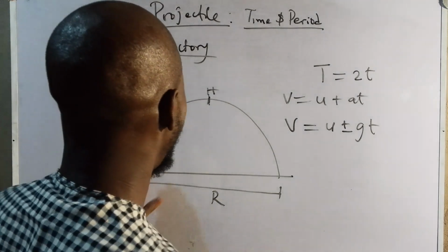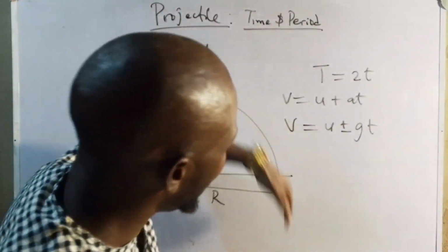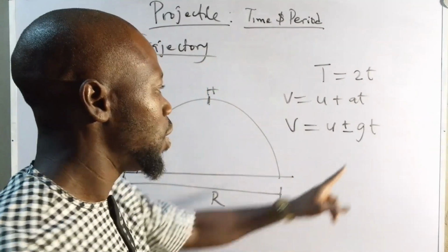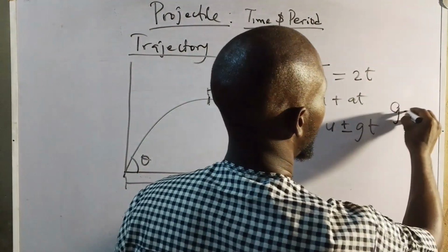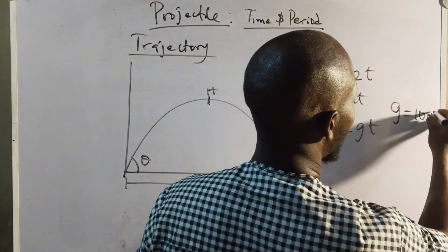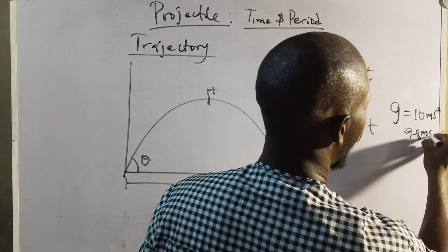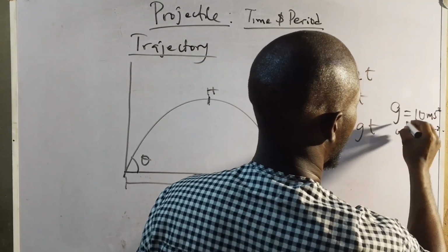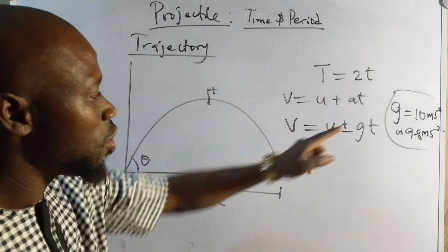Because when you are going against gravity, it's minus, and when we are coming with gravity, it's plus. And g is our acceleration due to gravity, and the value of g is equal to 10 meters per second squared, or 9.8 meters per second squared. All right. So now it's plus or minus.